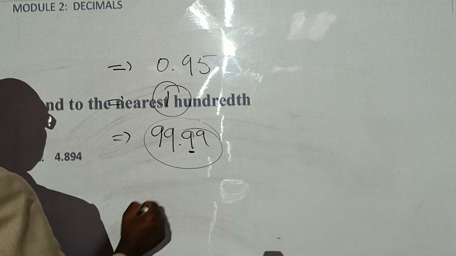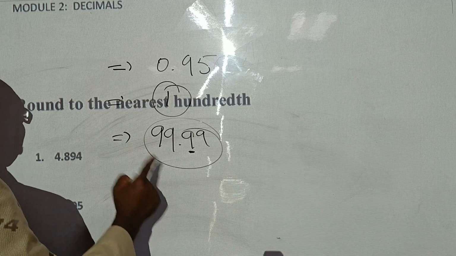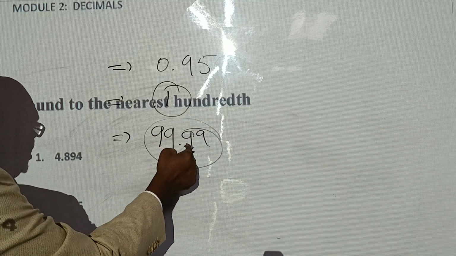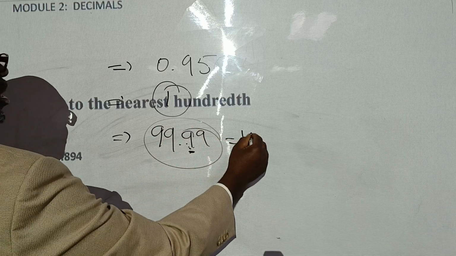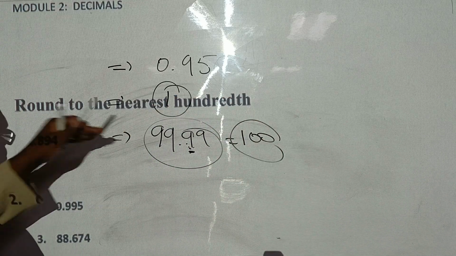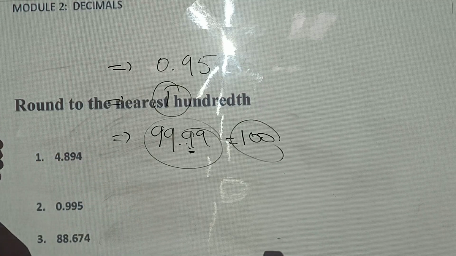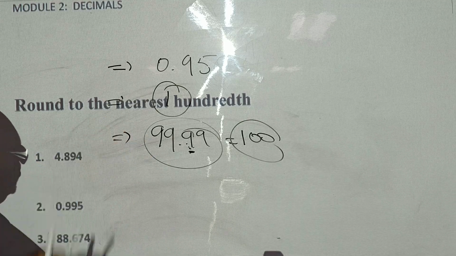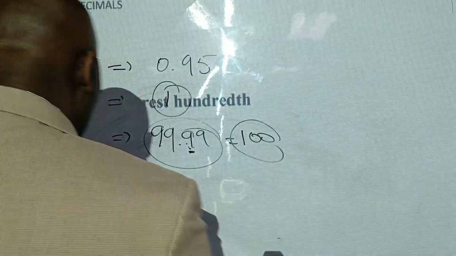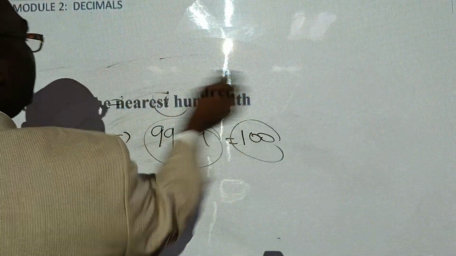Since I thought we were dealing with the hundredth place, we'll deal with tenth place. So this one here, you will make this a 0. 10, this will become 100. That one, if it was on the tenth place. If he was asking you to round this to the nearest hundredth place, well, you're just going to leave it like that because we're already on the hundredth place. Okay?